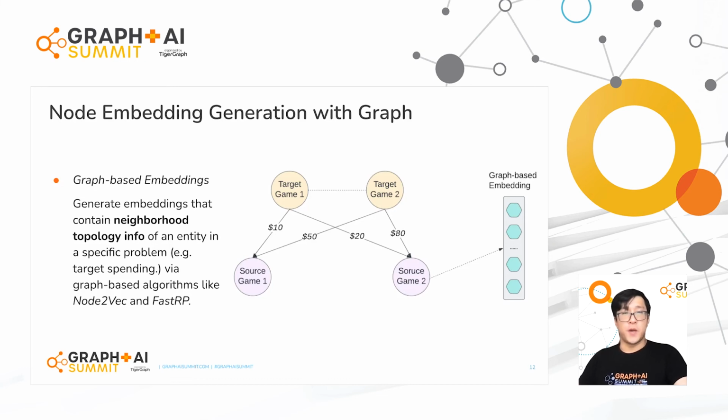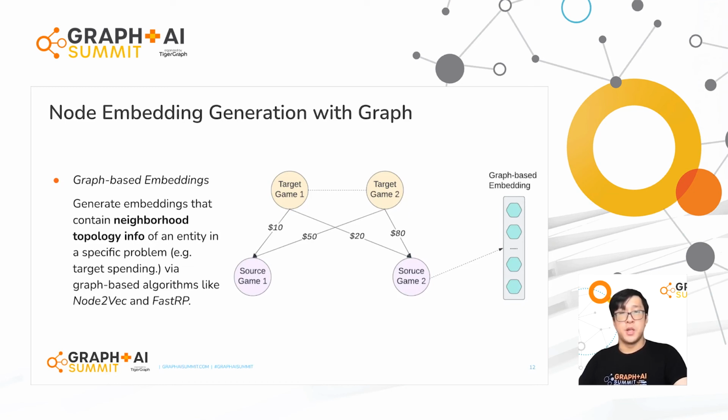So using graph-based embedding approaches can create embeddings containing the neighborhood topology information of an entity, especially in specific problems like target game spending profiling.